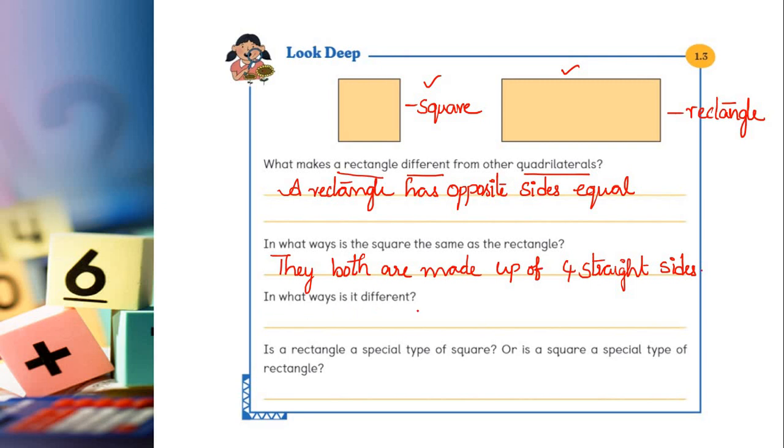In what ways is it different? They are same because they are made up of four straight sides. They are different because a square has all its four sides equal. In square, all the four sides are equal. But coming to rectangle, only opposite sides are equal.